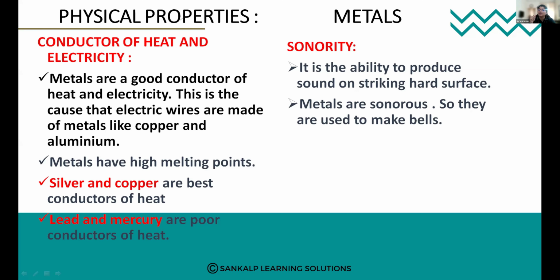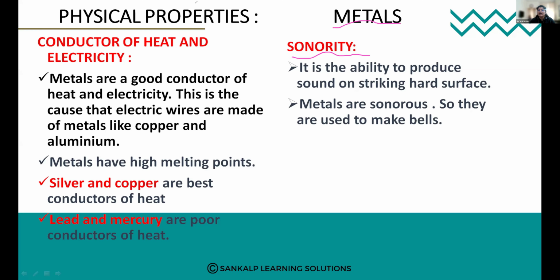If you strike the hard surface, what will happen? The sound will be produced. So sonority is the ability to produce sound when you strike the hard surface. When you hit a hard surface of the metal, sound is produced. This ability to produce sound is called sonority.